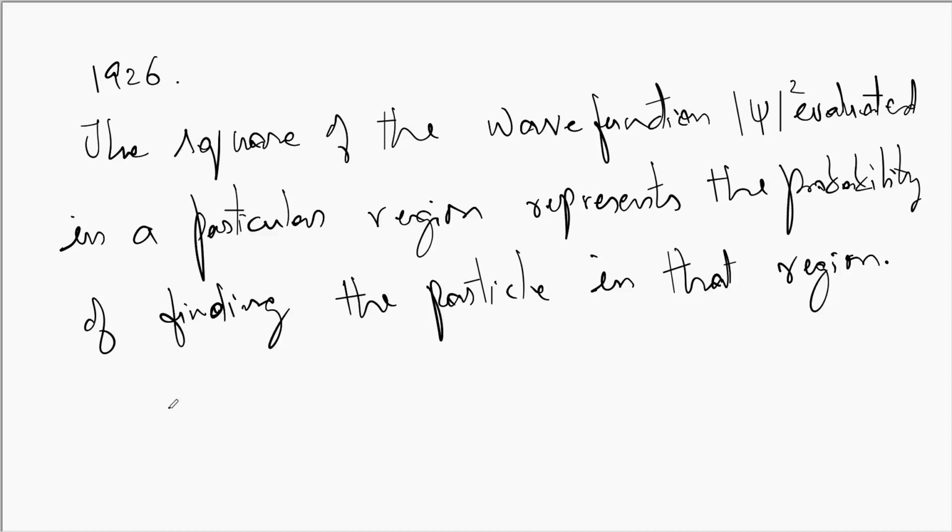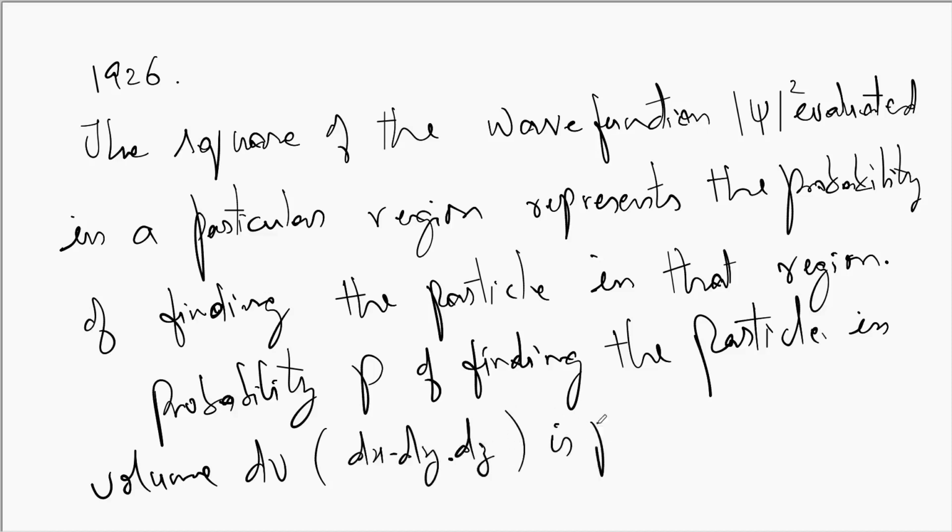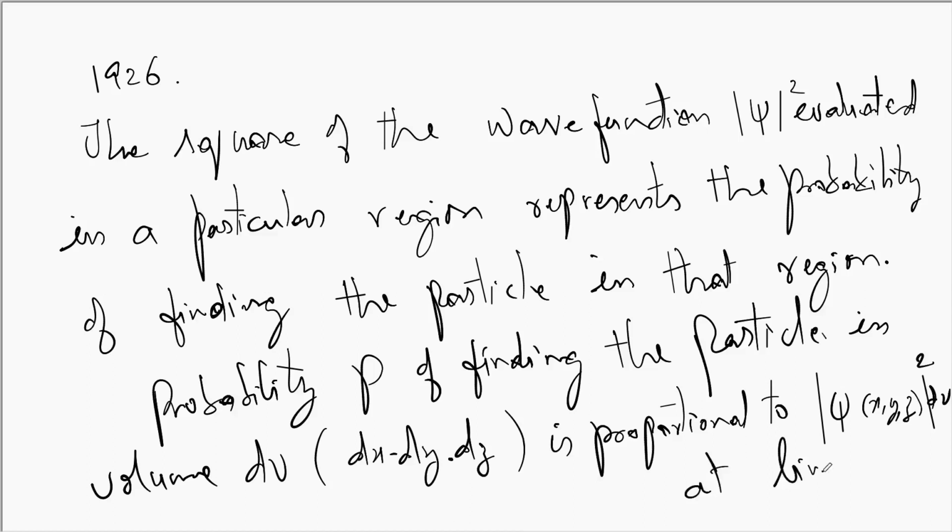In other words, the probability P of finding the particle in volume element dV, which is dx times dy times dz, is proportional to mod psi(x, y, z) square dV at time t.